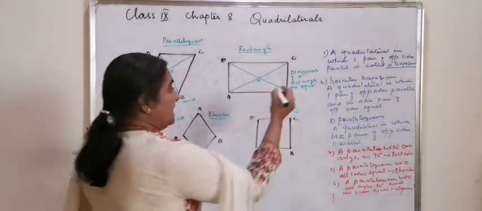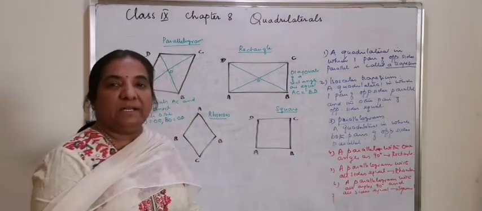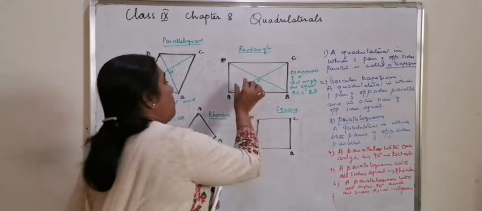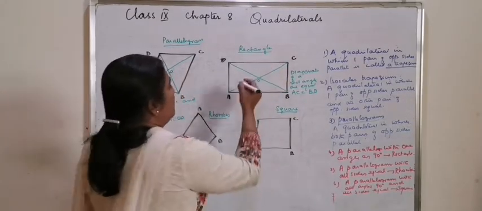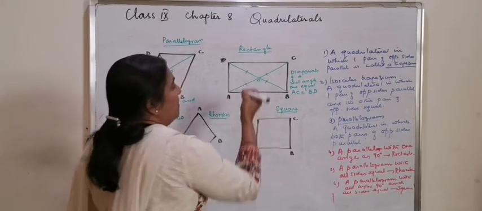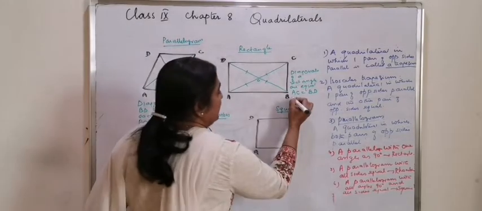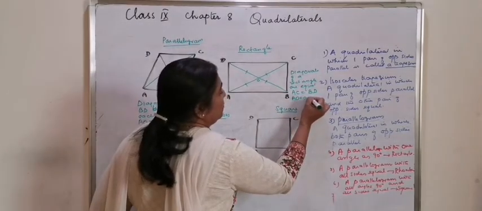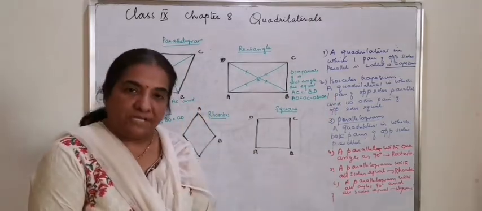That means AC and BD are always equal in length, which shows that all four parts AO, OC, BO and OD will be equal in length. That is, AO is equal to OC is equal to OB is equal to OD.